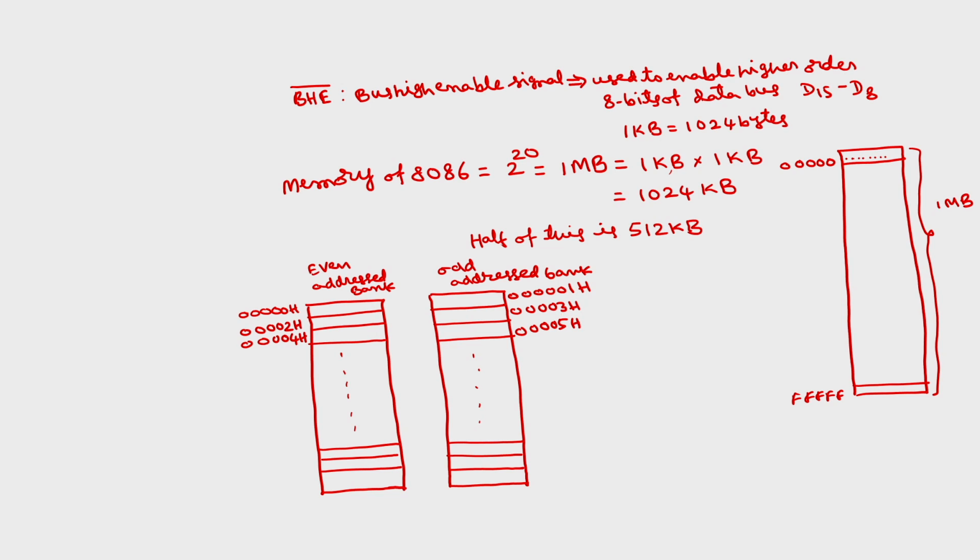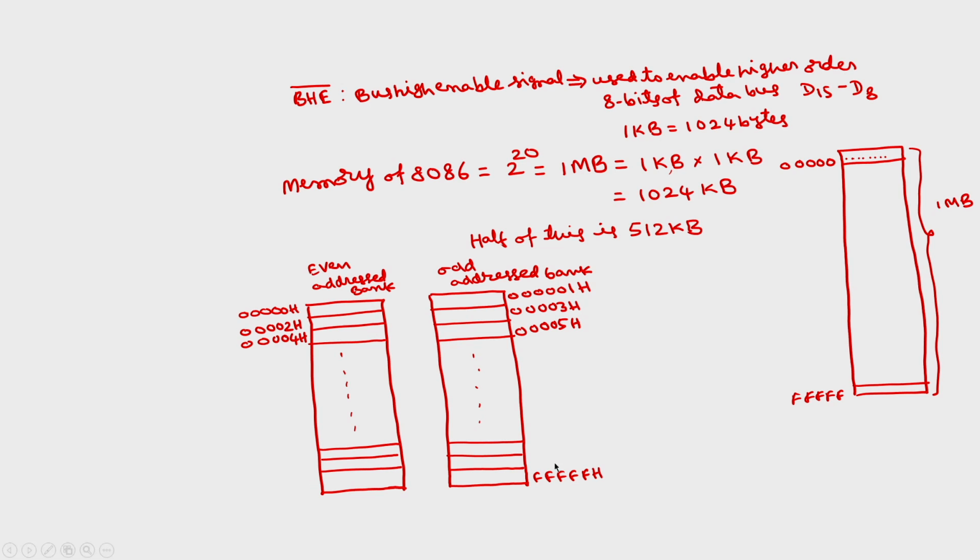And what about the last address, FFFFFH? This is an odd address. So the odd address will be here, because starting with this one, it has to end with this. So this is odd address FFFFFH.